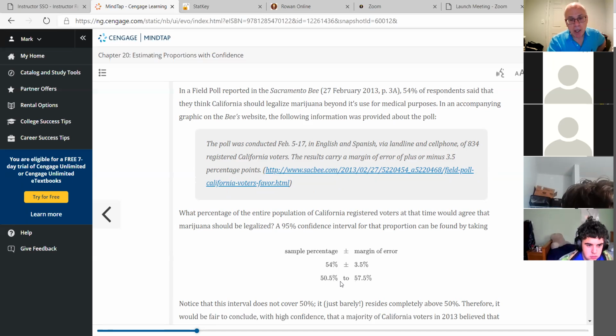We would say we're 95% confident that this particular interval contains it, as opposed to some other interval that somebody else might have come up with. In other words, we're hoping that this interval is one of those green ones and not one of those red ones, like we saw before.